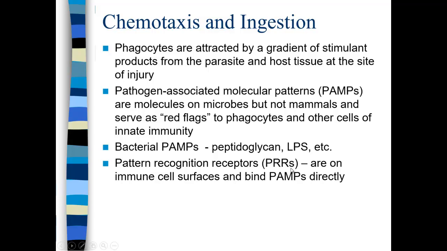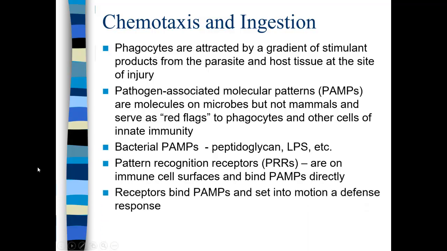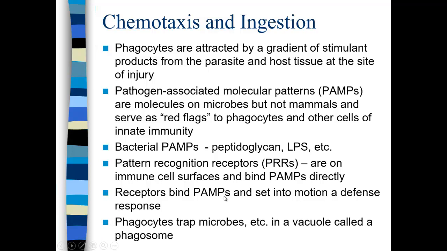They're already on the immune cell surfaces, and they bind the PAMPs directly. Okay, once the receptors bind PAMPs, that sets in motion a defense response where the bacterial cells will be ingested, and the phagocytes then trap the microbes in the phagosome, and that's just a large vacuole that envelops the bacteria.